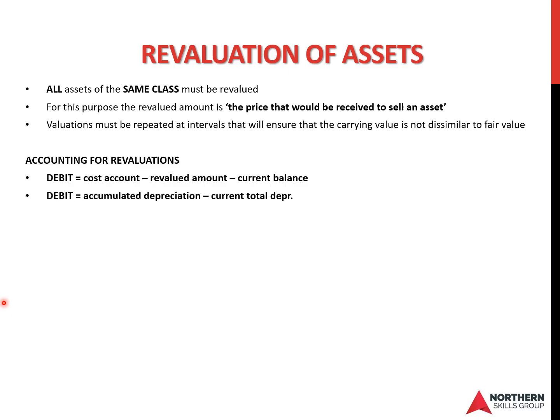We get rid of all the accumulated depreciation that might have been built up to date in respect of that asset by debiting the accumulated depreciation. And then the difference between those two figures goes as a credit to the revaluation reserve account, which is part of the equity section in the statement of financial position.